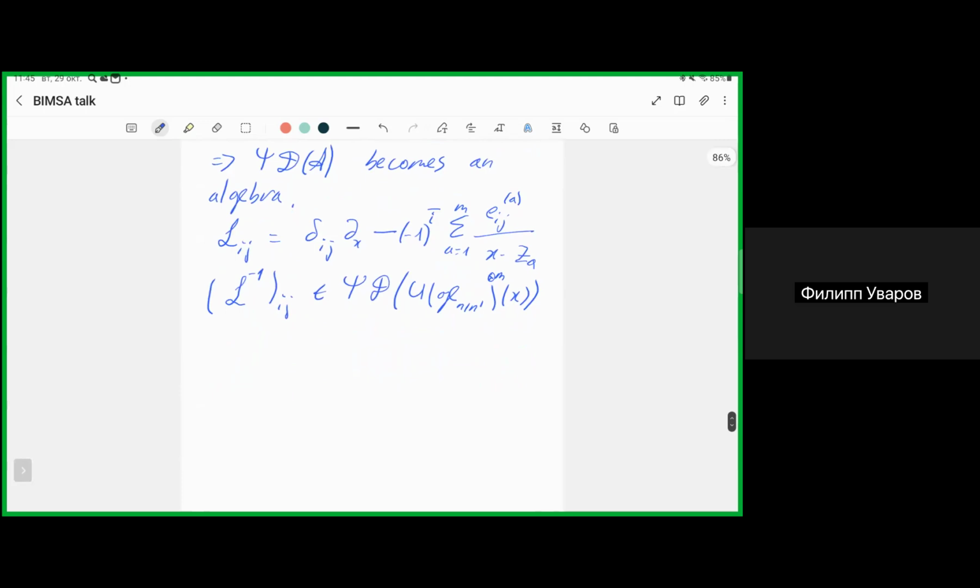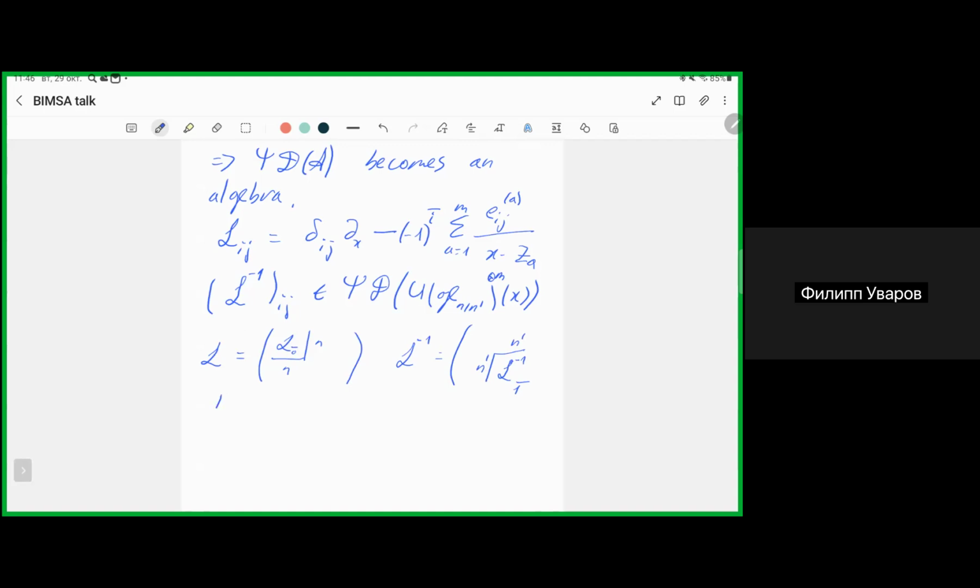Okay, so now since we know how to invert this matrix, let me take L and consider its n by n submatrix that lives here, and let's denote it as L0. And let me take L inverse and consider its n prime by n prime submatrix that lives in the other corner, and denote it as L inverse 1.